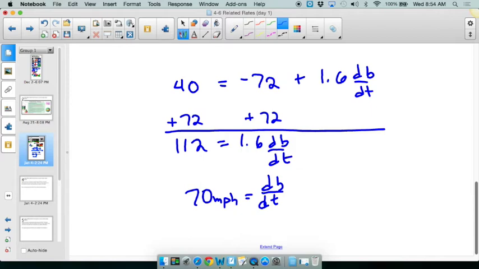Okay. How are we doing? You could use the primes. I'm using, you remember the top bottom expression is called Leibniz notation. I'm using that just to reinforce that it's a rate of change with respect to time.